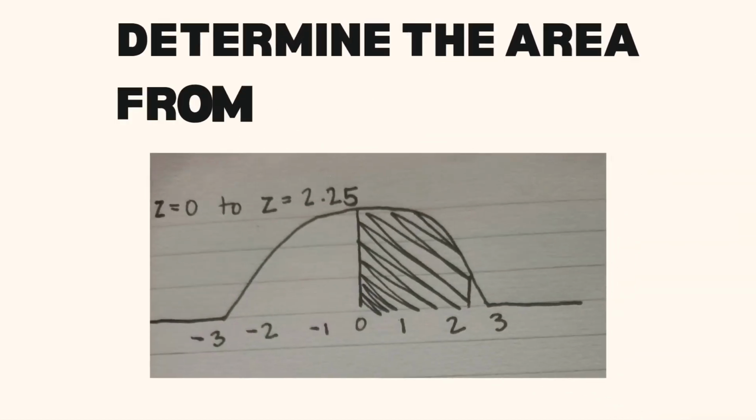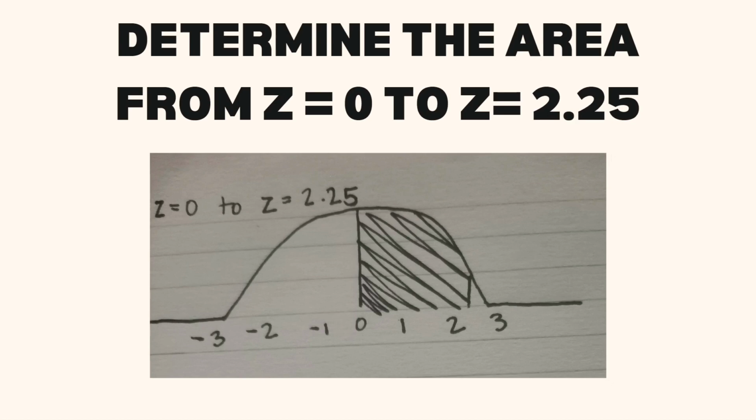Now, let's move on to some examples for you to further know how to solve standard normal distributions. For our first question, determine the area from z equals 0 to z equals 2.25. Using the z-table shown a few slides earlier, we can determine the answer of the shaded region.